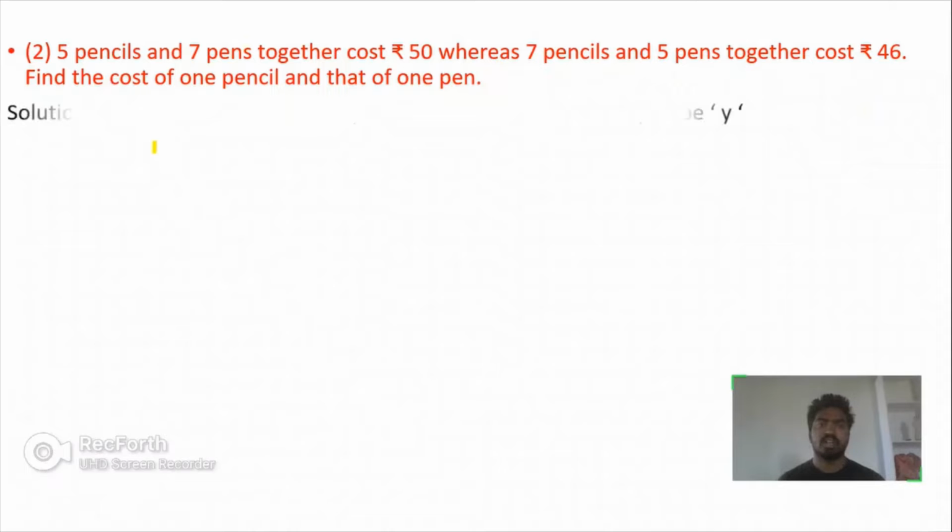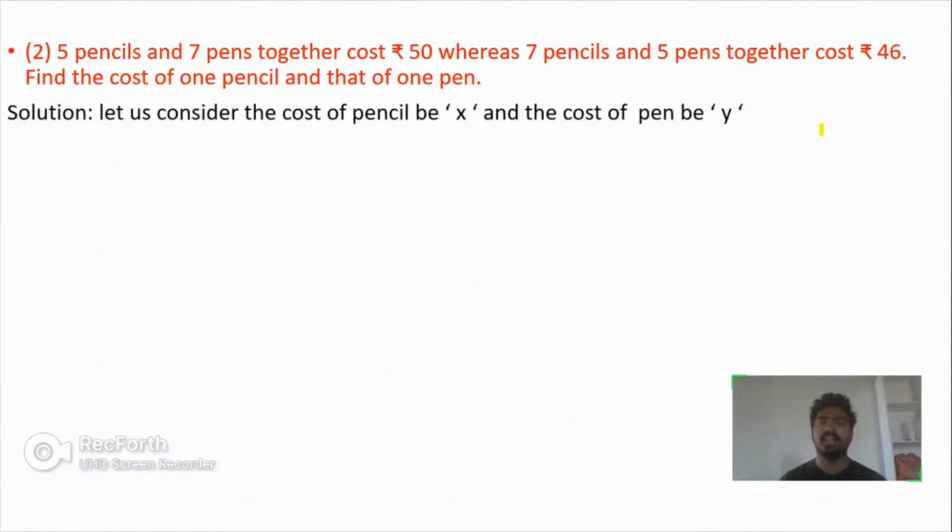So, let us consider the cost of one pencil to be x and the cost of one pen to be y. Here, we can clearly see that in the given question, they have mentioned clearly 5 pencils and 7 pens together cost 50 rupees. So that means 5 into, we know that the cost of each pencil is x.